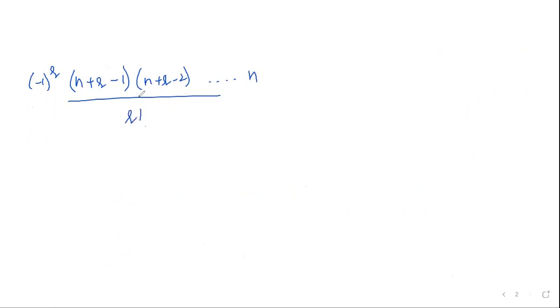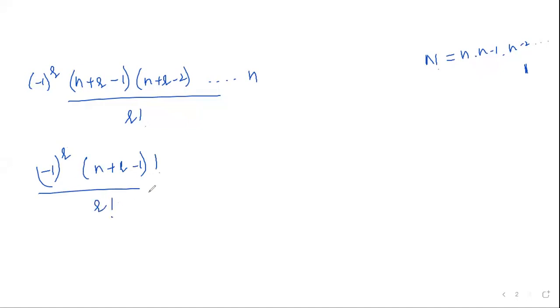Now, suppose you have n factorial, it is written as n into n minus 1 into n minus 2 and so on up to 1. This is your first term and this is the last term. Then this is the expansion. N plus r minus 1 is the expansion of the same thing. So minus 1 power r is written as minus 1 power r into n plus r minus 1 factorial by r factorial.